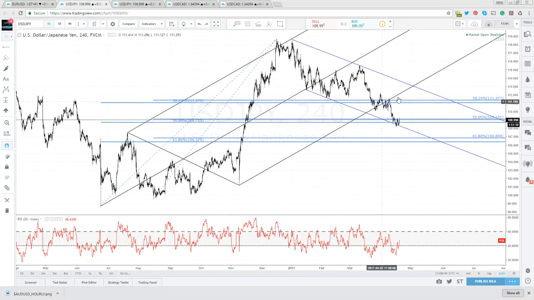Now, the good thing about this is that they are confluencing, so you get an indication, and there's reaction at every point where price pauses. That is very important for me to see, so I can pay attention to those fibs.